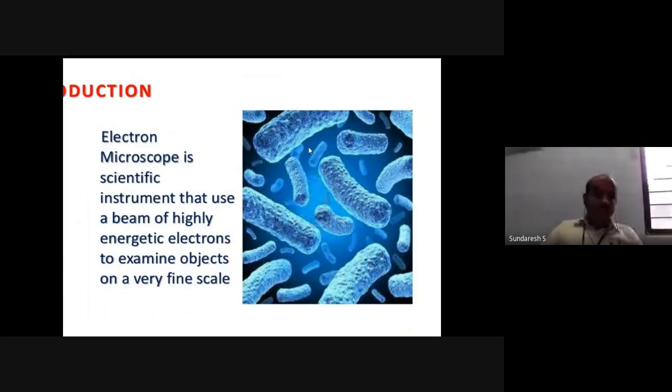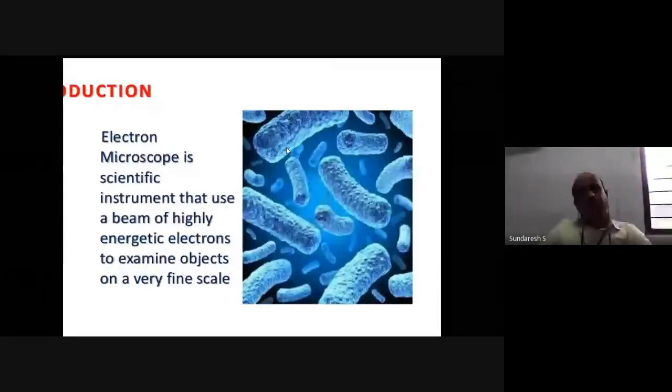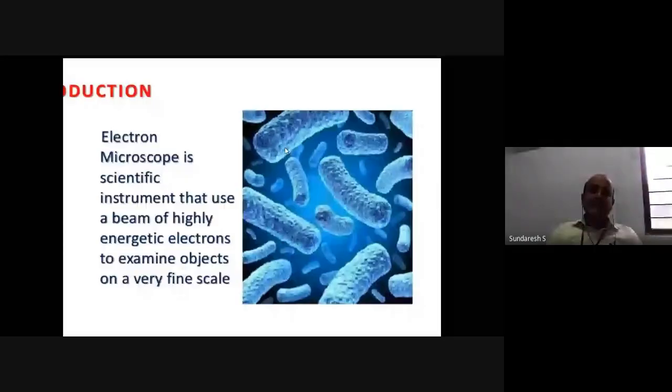An electron microscope is a scientific instrument that uses a beam of highly energetic electrons to examine objects on a very fine scale. We discussed two important microscopes in the last class. One is optical microscopy, and the second is scanning electron microscopy, to study the topology or morphology.